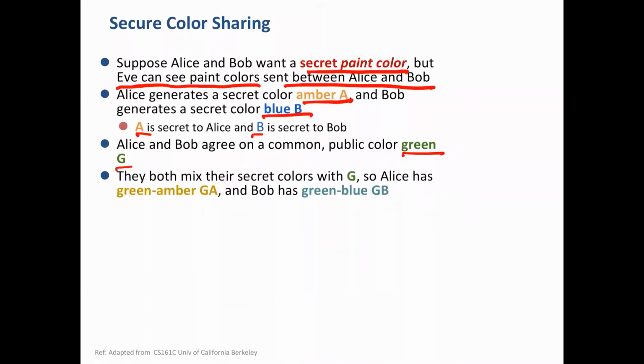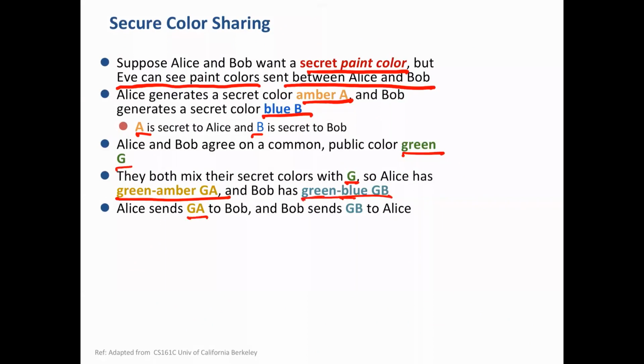Okay, now they mix their secret color with G, that's the common color, right? So now what Alice will get after mixing is AG, or green amber, GA. And when Bob mixes G with blue, he will get green blue, GB.